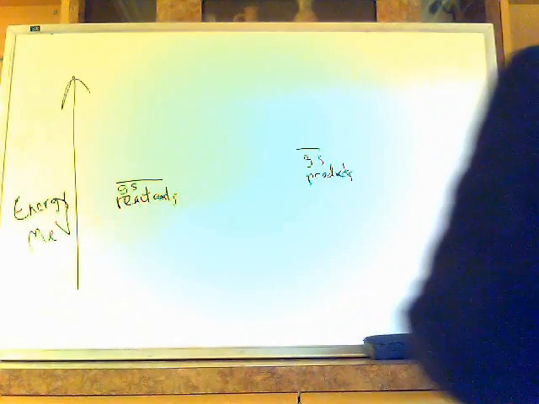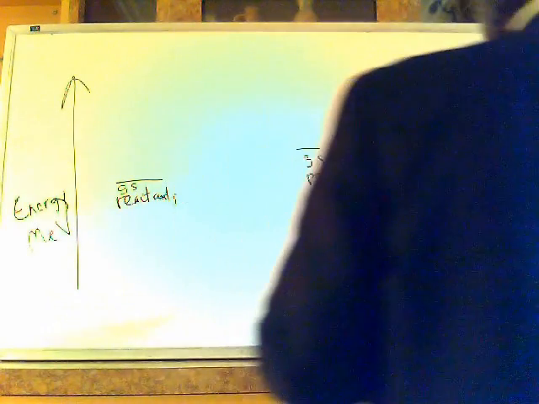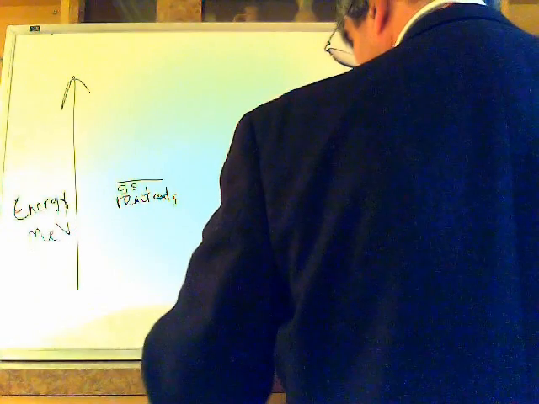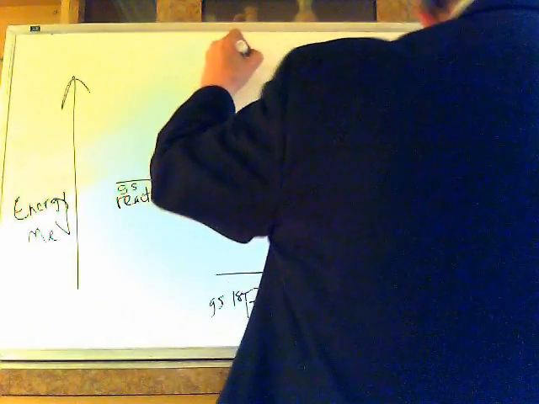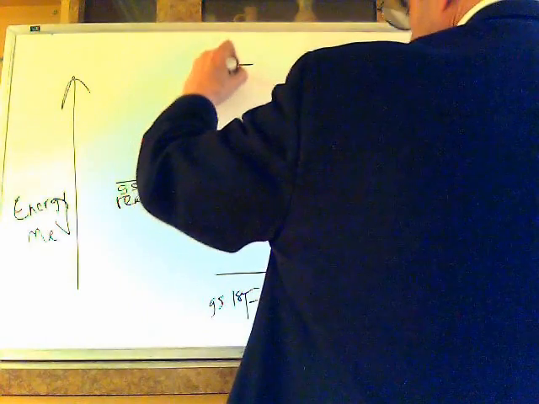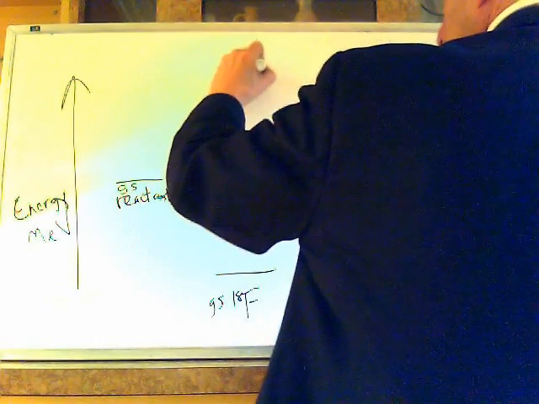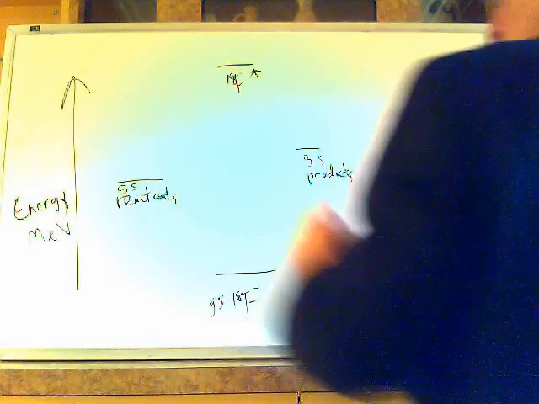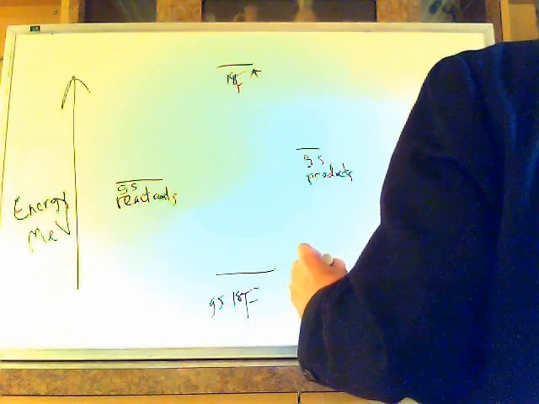And now we get to put in our fluorine. First of all, we can show the fluorine-18 in the ground state. And we can also show the fluorine-18 in the excited state. And we can now label this with all the energy differences. These are the values that we already calculated.